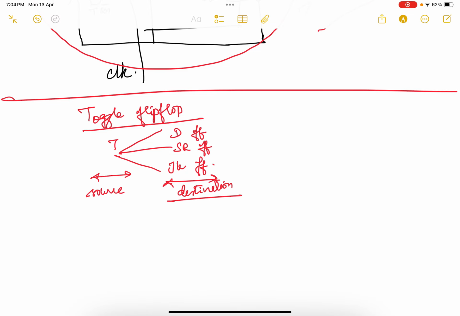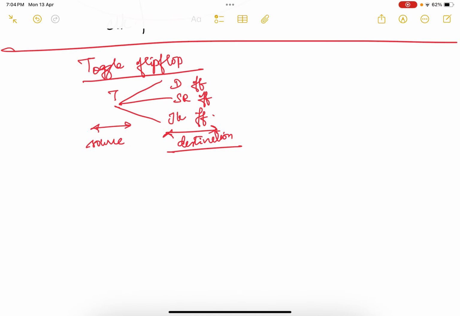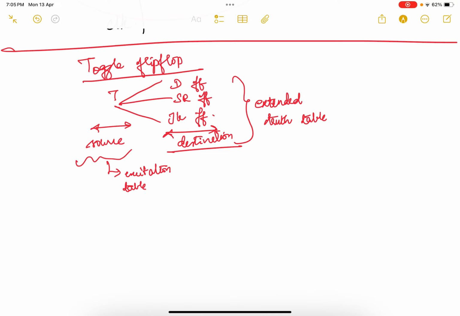As per our conversion concept, for the destination flip-flop we go with the extended truth table, and for the source I will be going with the excitation table.